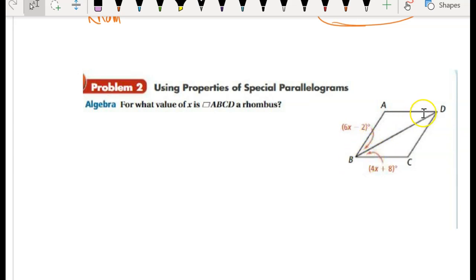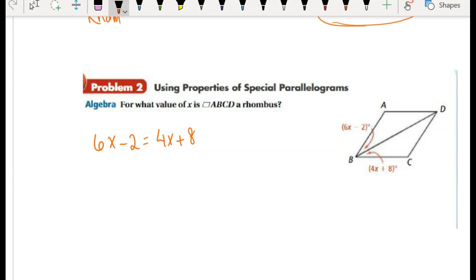The diagonal bisects the angle, so I know that angle ABD is congruent to angle CBD. So I am going to say 6x minus 2 is equal to 4x plus 8.